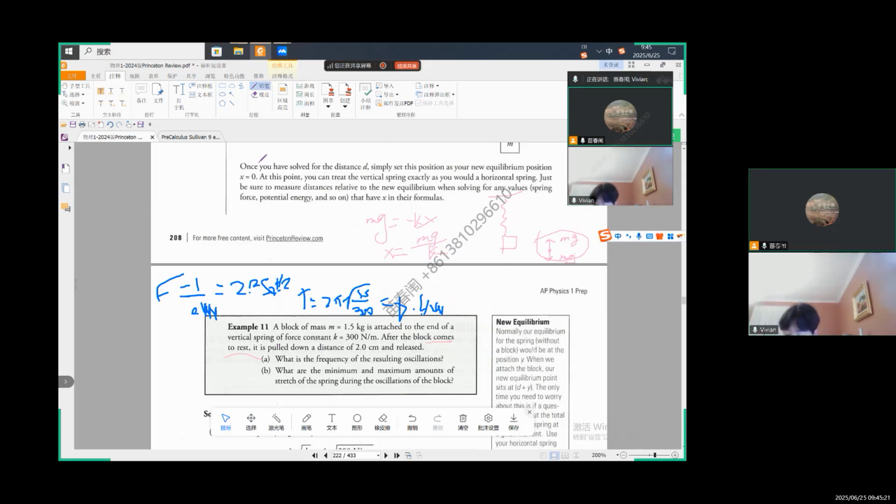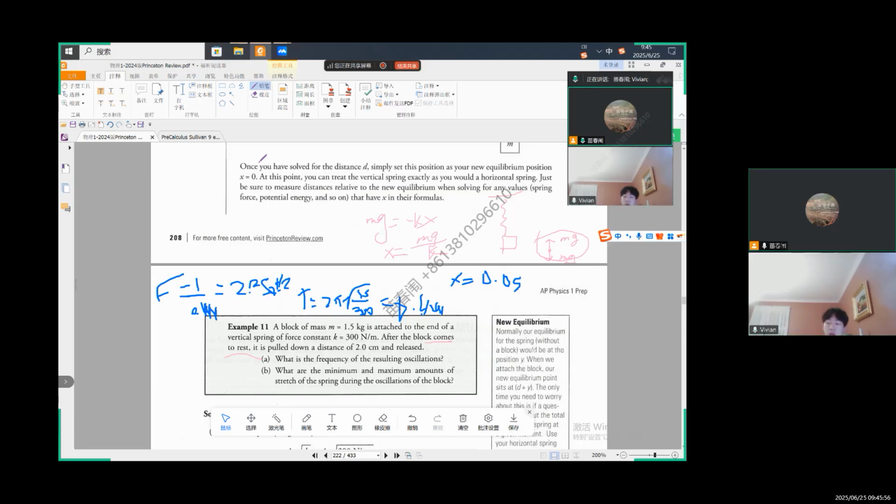That means x is mg over k, 0.05. Okay, and then we can, so it'd be 2 plus 0.05 and 2 minus 0.05.